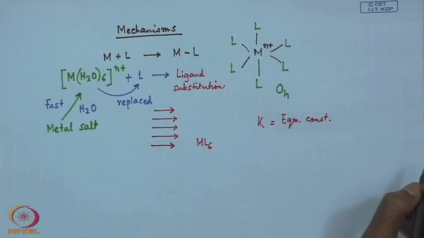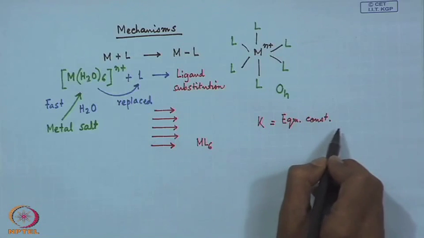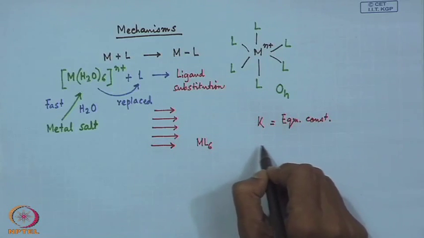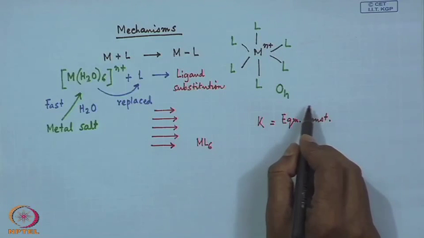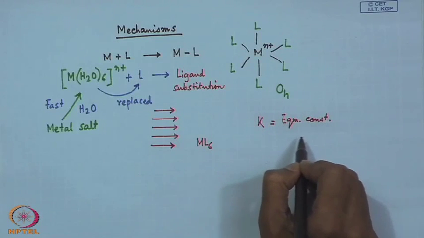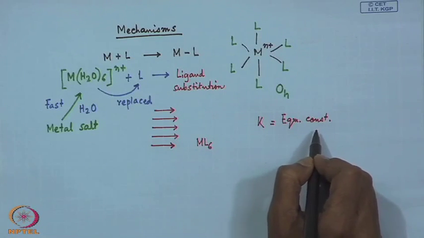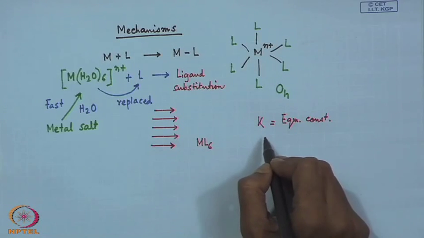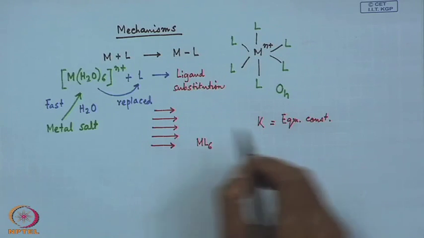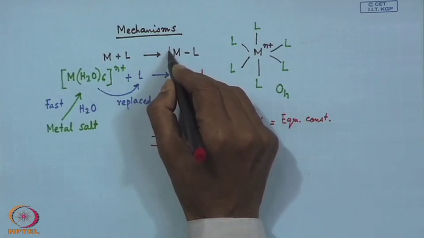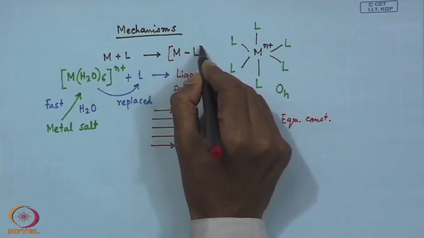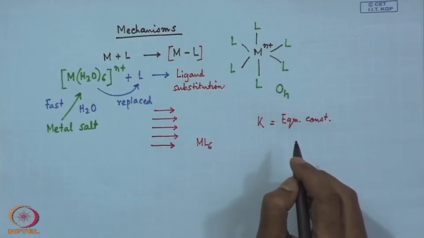This K is the equilibrium constant, which has some relation with the thermodynamic stability of the complex. We consider the compound stable if the K value is pretty high. We will find out the concentration of the metal complex formed.